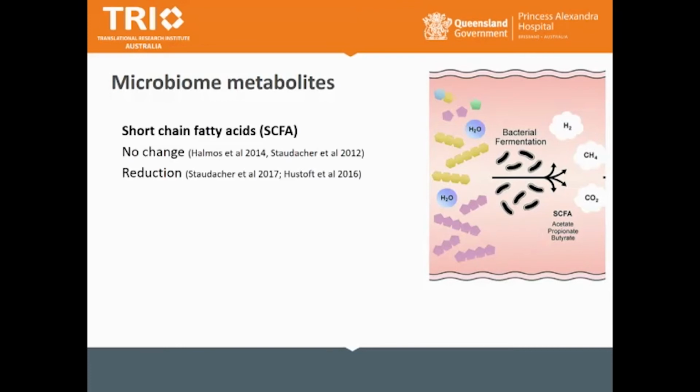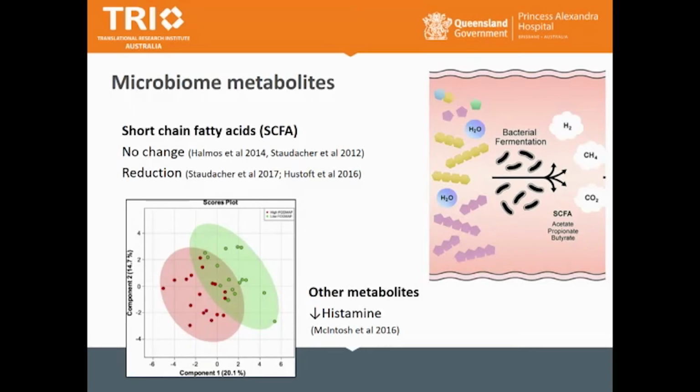Some studies have measured short-chain fatty acid concentration in the stool, not particularly many, given there's been 10 or 11 randomised controlled trials, but the findings are pretty variable. I think one problem here is that when we measure short-chain fatty acid concentration in the stool, all we're measuring is what comes out at the end. A lot of this is absorbed back into the bloodstream, so it's really difficult to measure production of this.